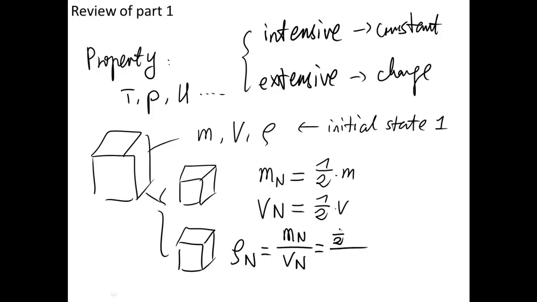It is equal to 1/2 of m over 1/2 of V, which equals m over V, which equals the density ρ at the initial state. So density is an intensive property, and does not depend on mass.